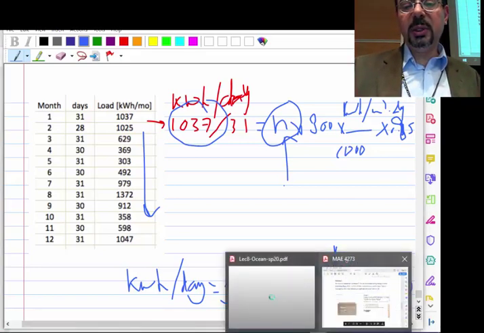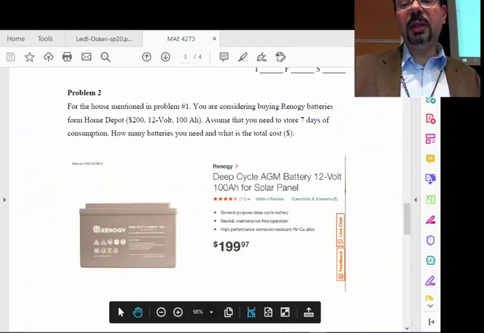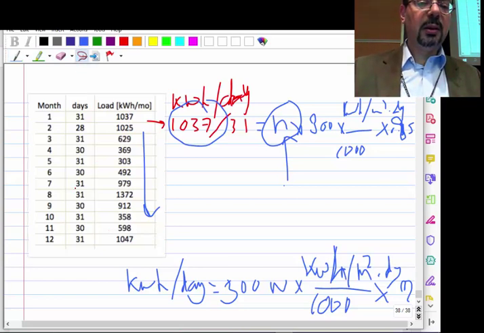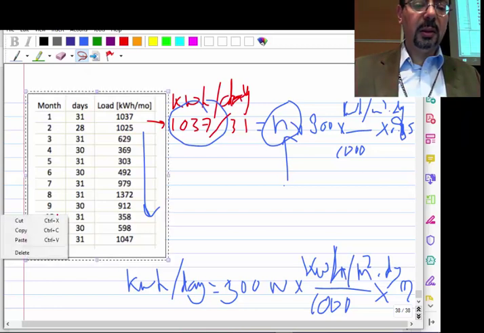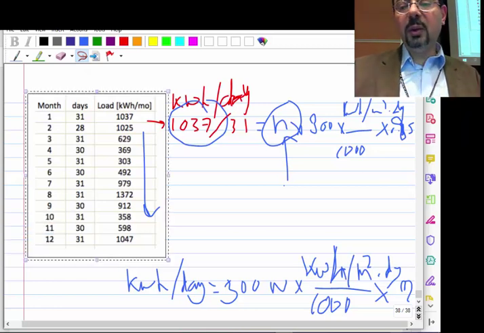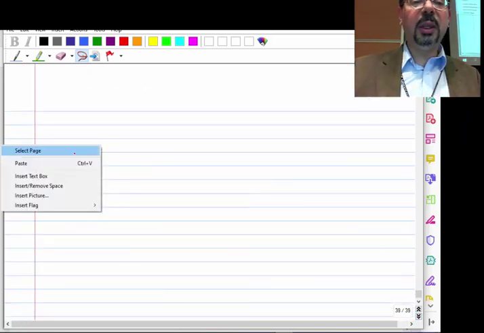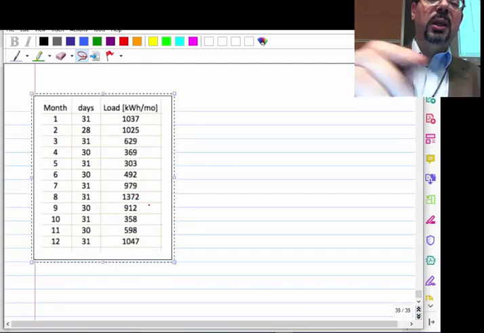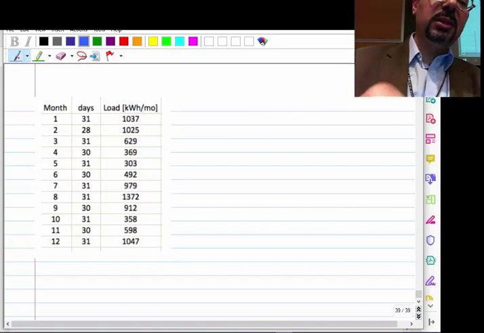So how can I determine how many batteries I need? I need to divide the load by how much I can store in each battery. The daily load is going to vary every single month, right?